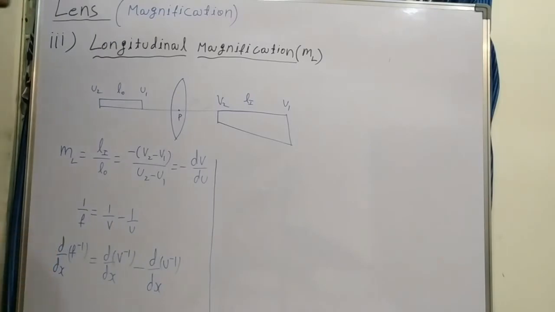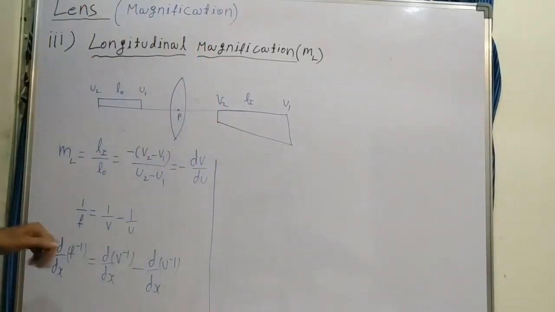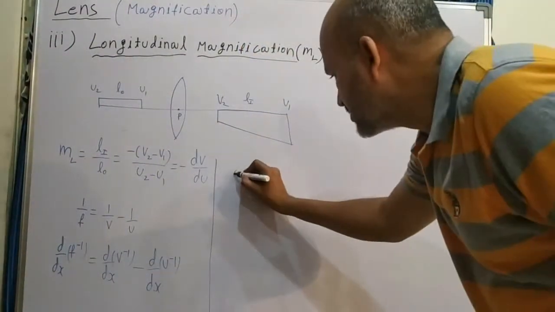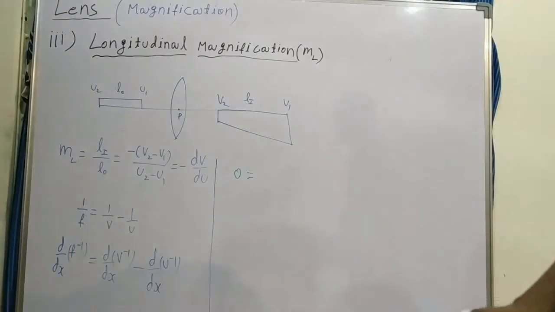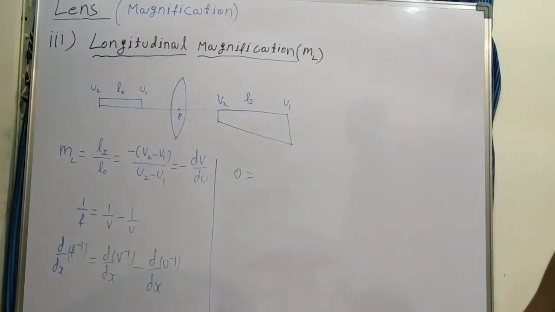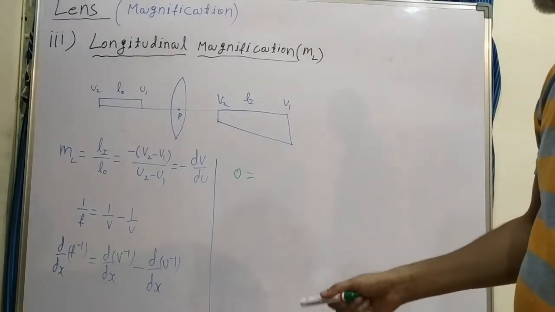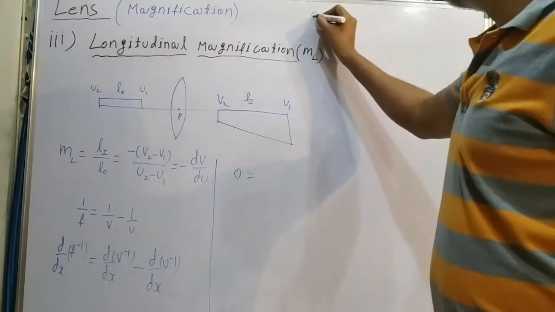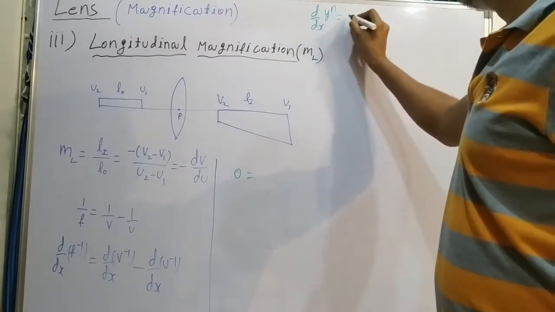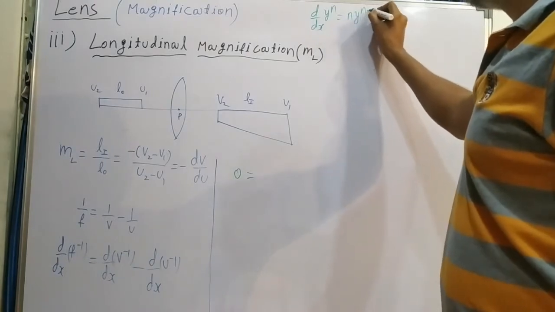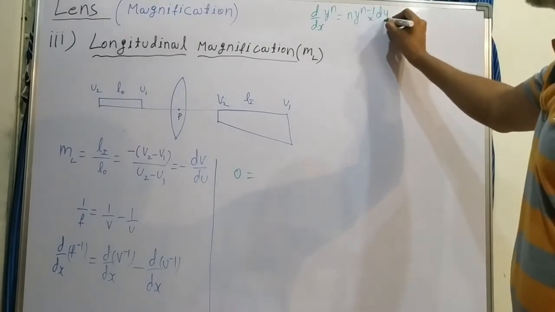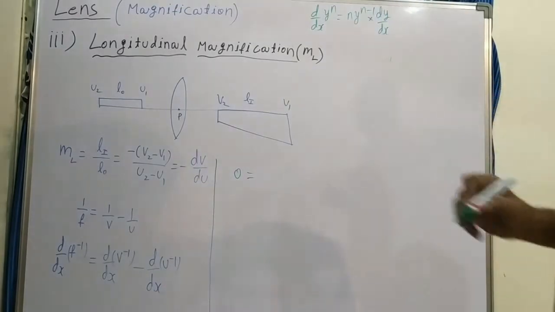After differentiation, we know that f is constant, so the differentiation of f is 0. Here the variable is x and v is another variable. For a different variable, generally you write d by dx of y power n as n into y power n minus 1, and again you should multiply with dy by dx.